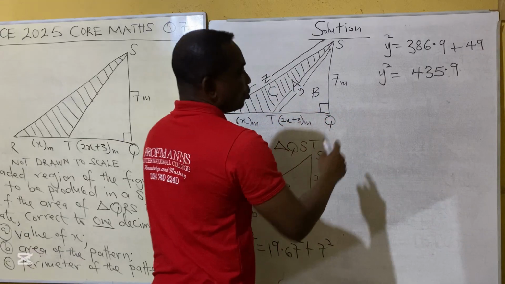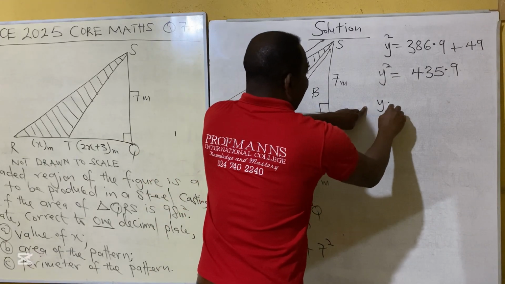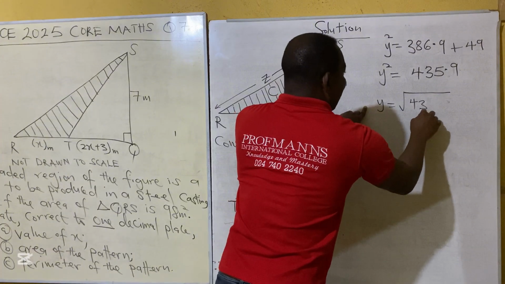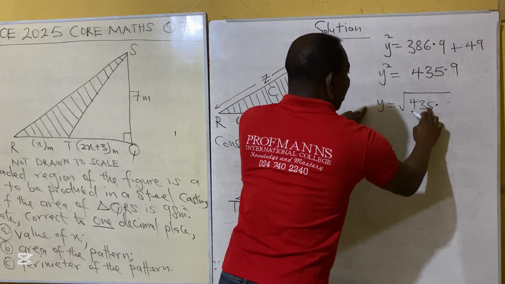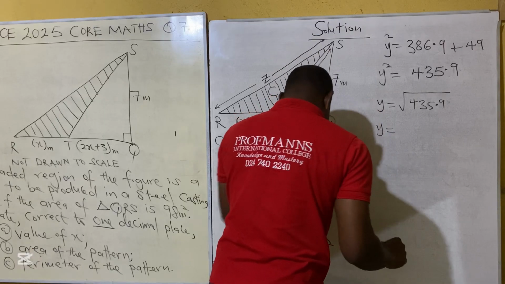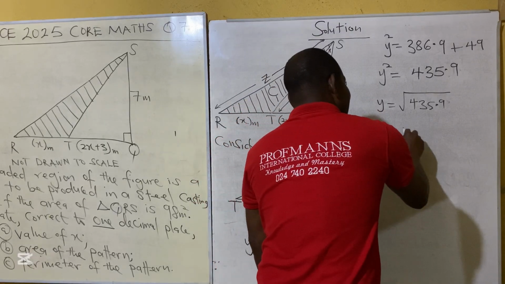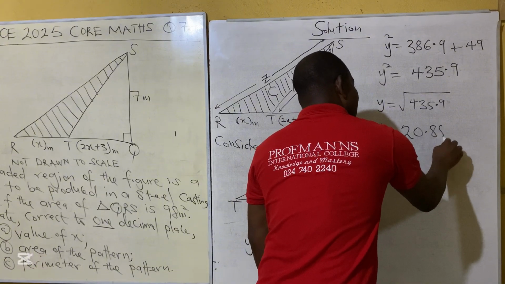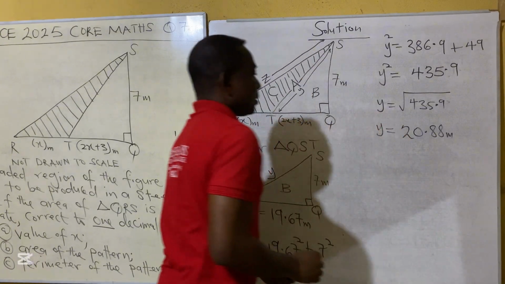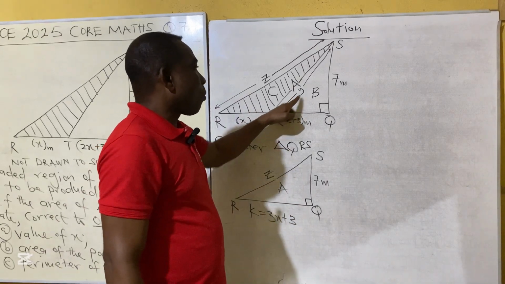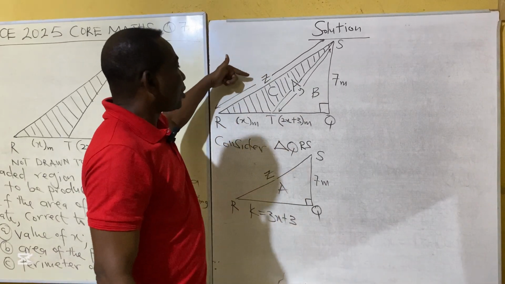We find the square root of both sides, giving us y equal to the square root of 435.9. So y gives us 20.88 meters.